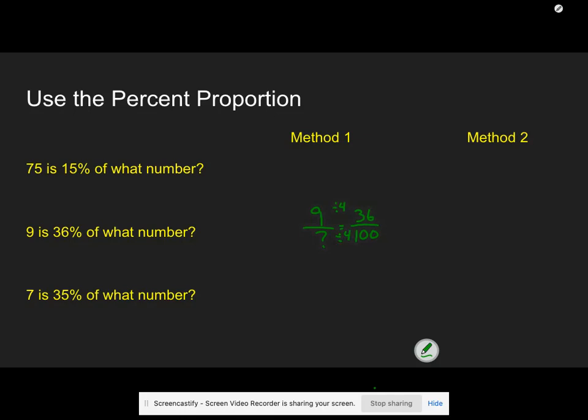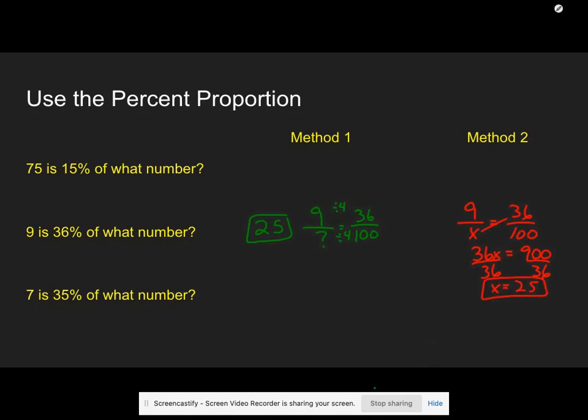So 100 divided by 4 is 25. So then your method number 2, you'd have 9 over x equals 36 over 100. 36x, when I cross multiply, equals 900 divided by 36. x equals 25.